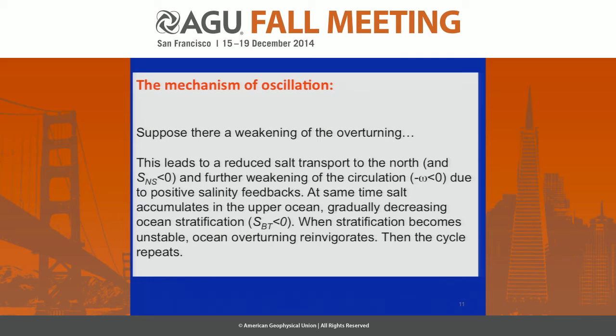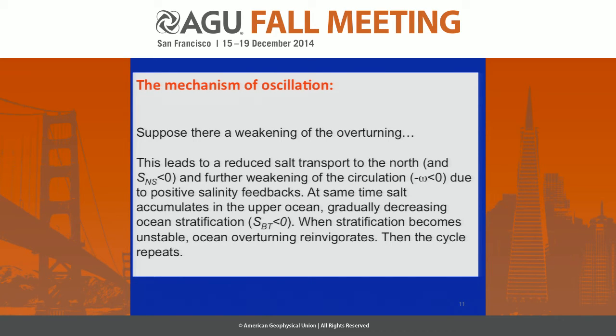So the mechanism of oscillation goes back to ideas of salinity advection feedback. Suppose there is a weakening of overturning that reduces the salt transport to the north, a further weakening of overturning due to positive salinity feedbacks.